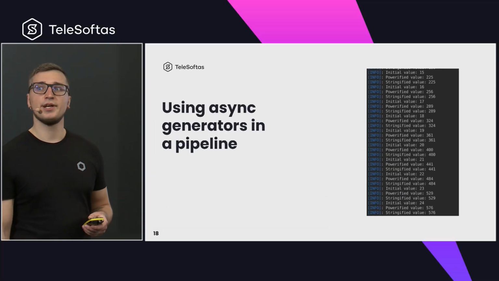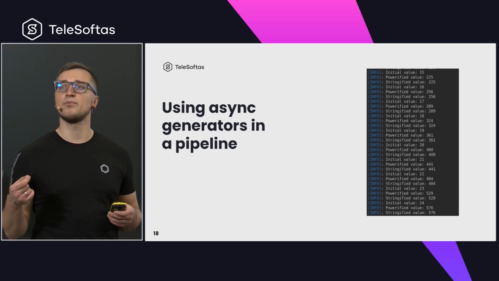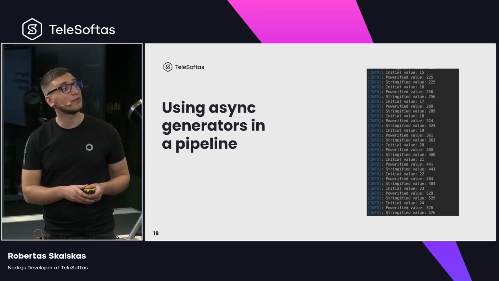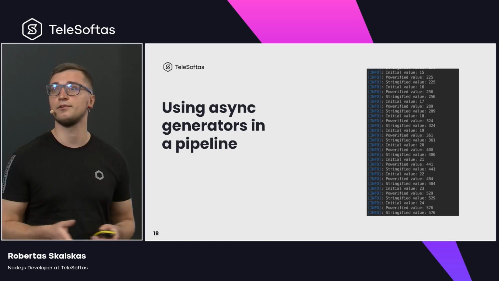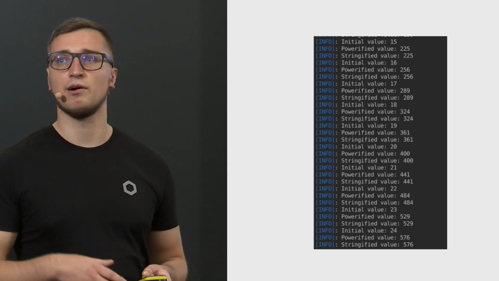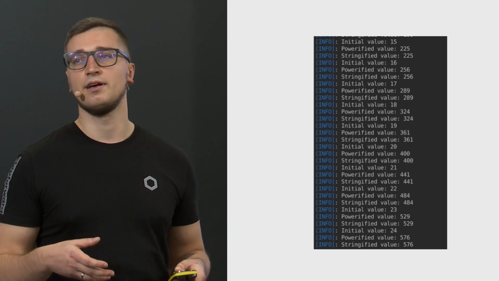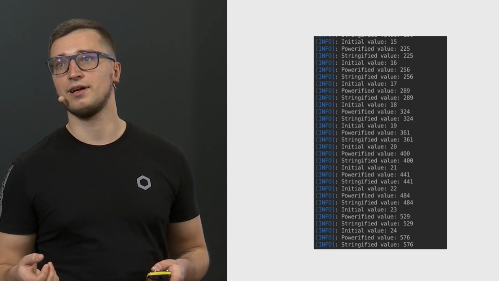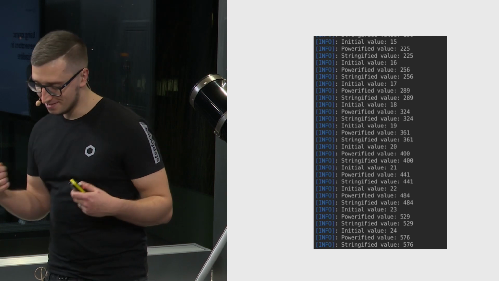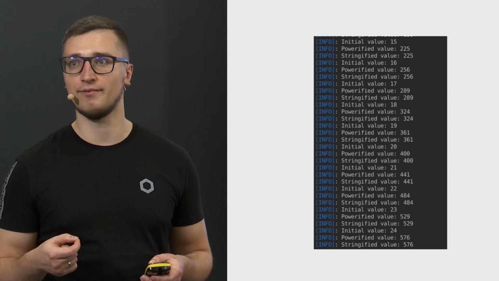So using async generators pipeline, in case we are using this example, we could expect something like this in our results. We have an initial value of 15. Let's say our powerify async generator takes a chunk. It powerifies that chunk, and our stringify generator also takes the same value and just prepends an end of line to that value.